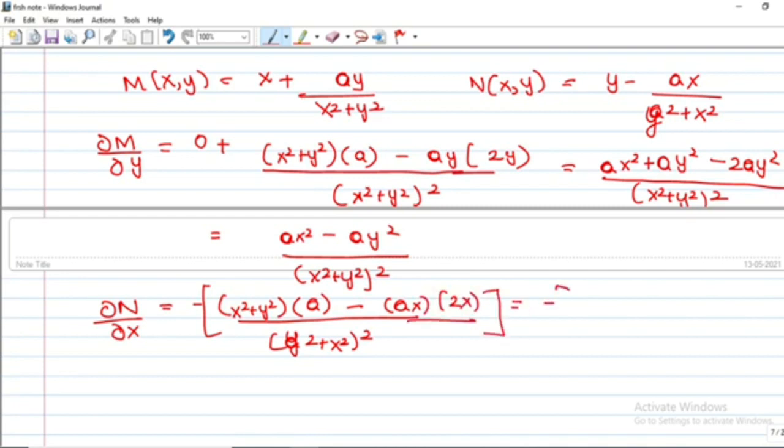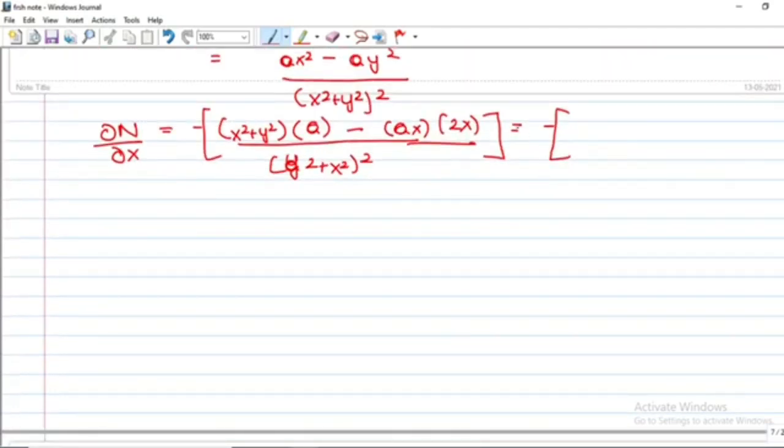Finally, what we are going to be left with is ax square plus ay square minus 2ax square, the whole upon x square plus y square the whole square.